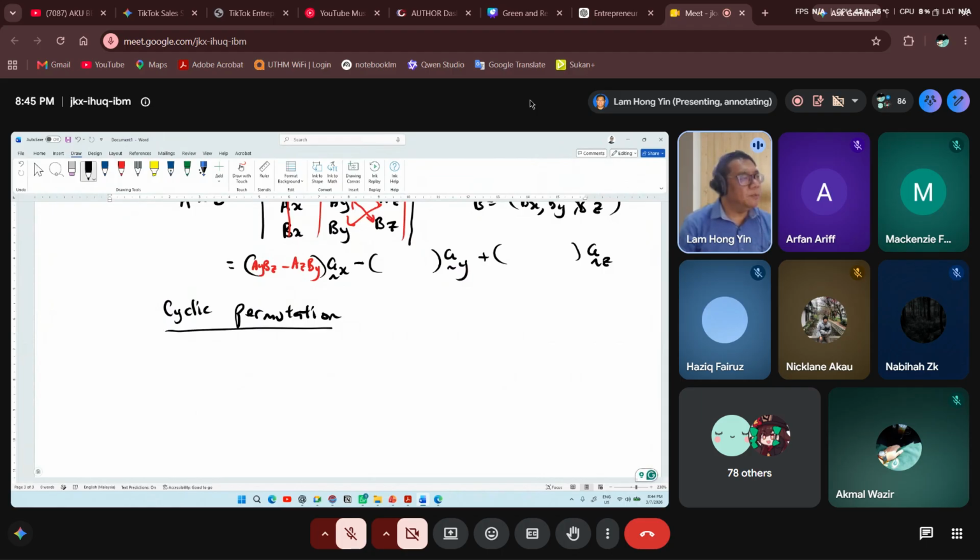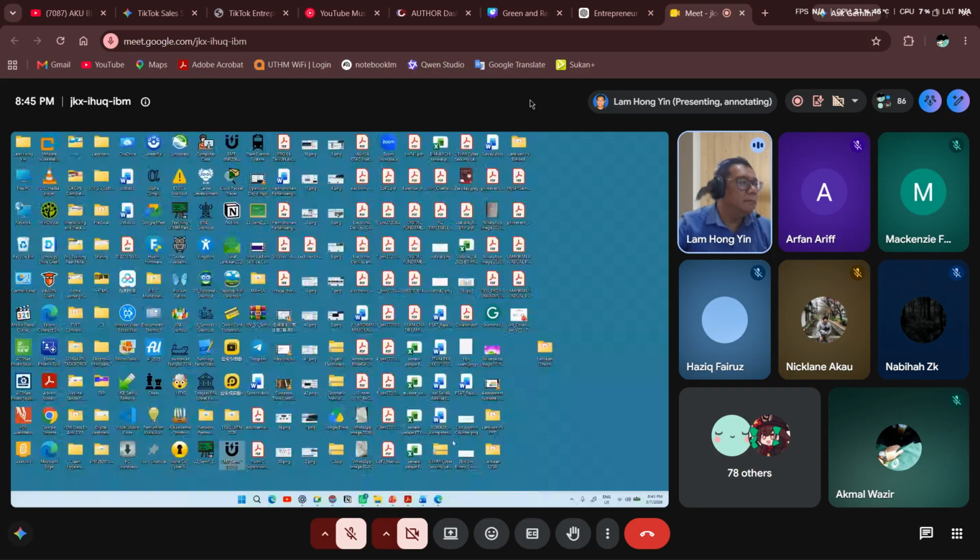Cyclic permutations are actually also the fastest way to obtain the cross multiplications. What we mean by the cyclic permutations over here, I don't want to draw the figure, but let me extract it from the textbook.